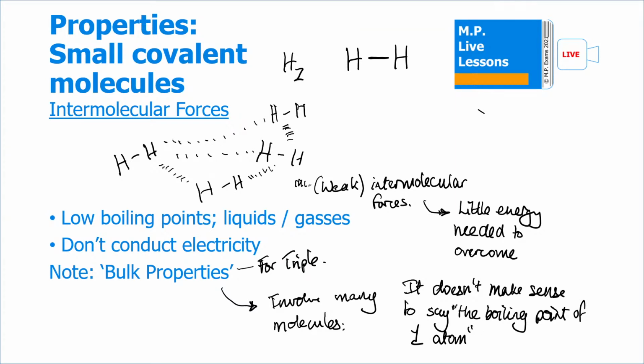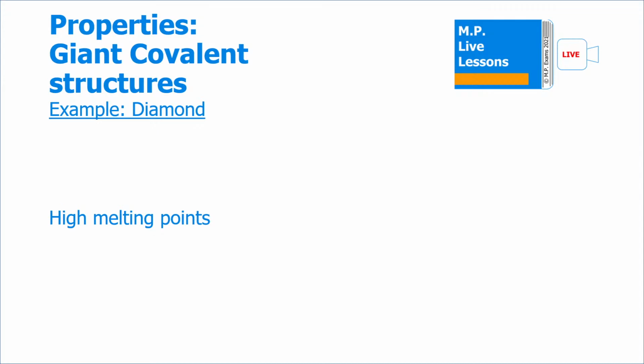Next, we'll need to learn about giant covalent structures. One example is diamond. Now, these are carbon atoms. These are bonded in a tetrahedral shape, so like a pyramid.